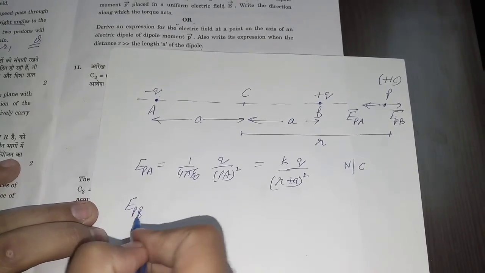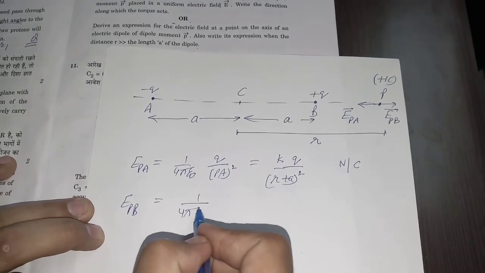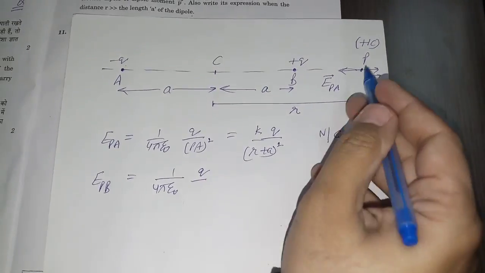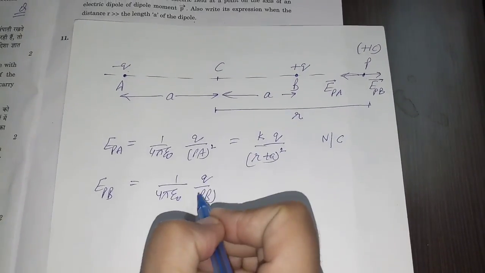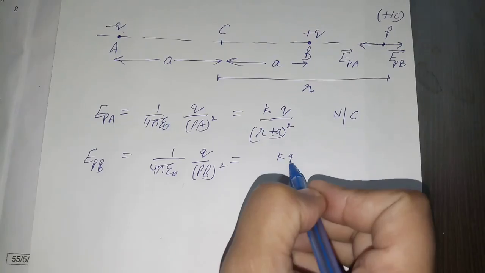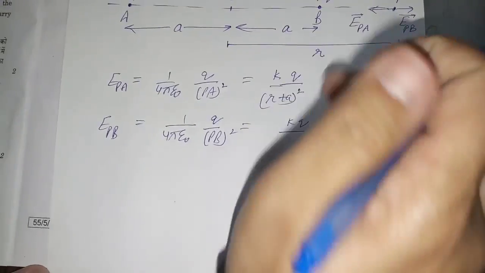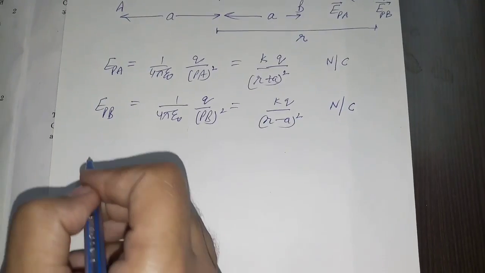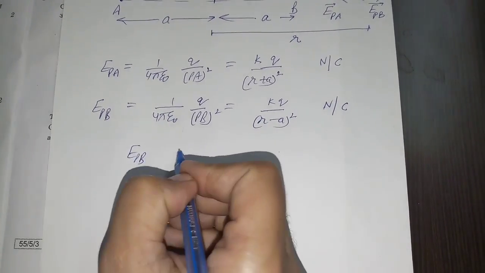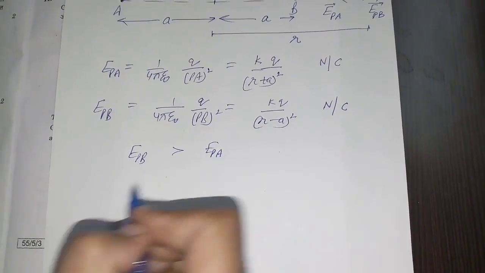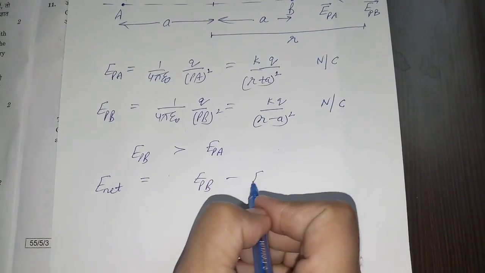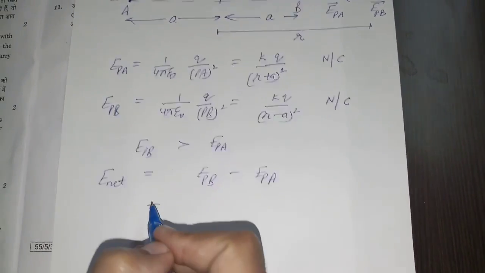Similarly, the electric field at P due to B is 1 by 4 pi epsilon naught Q upon PB whole square, which is KQ upon PB, that is r minus a whole square. Now since EPB is greater than EPA, the net electric field would be EPB minus EPA.